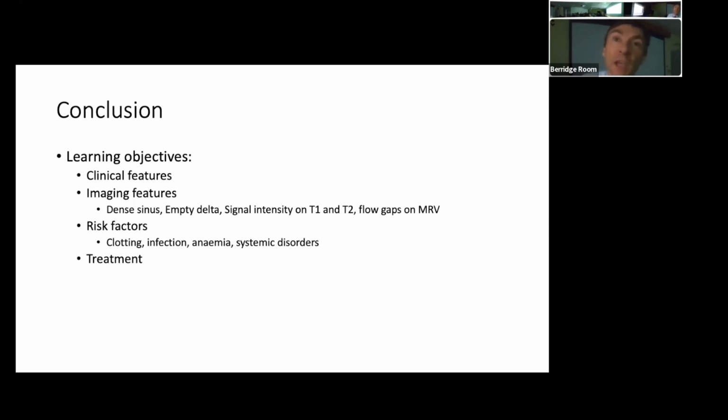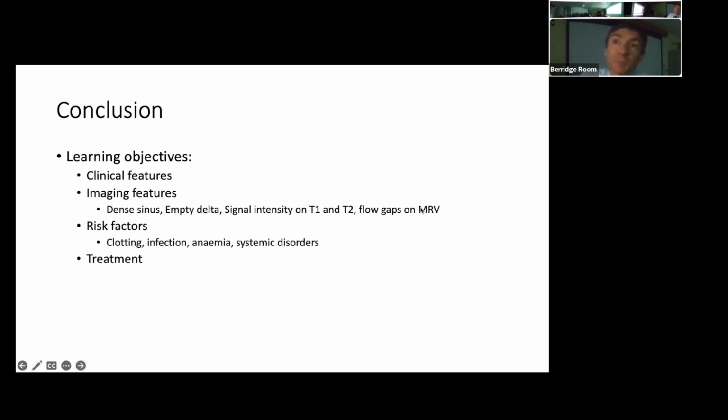We've looked at these imaging features. So I suppose the things to remember on CT are the dense sinus and the empty delta sign. And then on MRI, to look for the signal intensity on the static images on T1 and T2, but beware of over and under interpreting that.